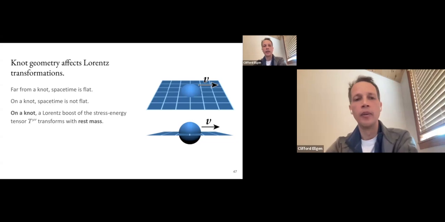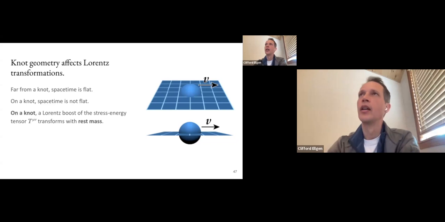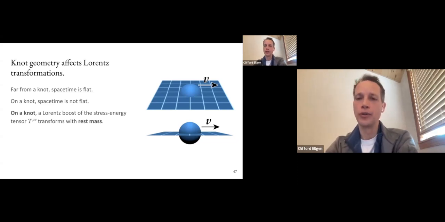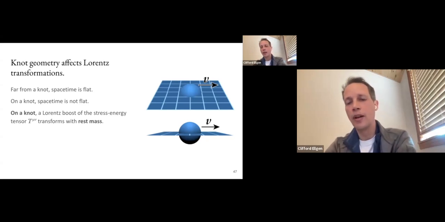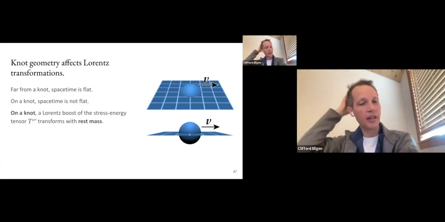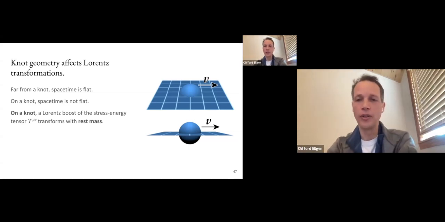Well, if we ask what the kinetic energy is, how the energy transforms as a result of this motion, we would calculate that energy associated with motion using a Lorentz boost. If we pick some point on this knot where there is some stress energy tensor, some energy associated with fields at a point on that knot, and then we Lorentz boost using a velocity vector that is not in the tangent space, the result is that energy is going to Lorentz transform with rest mass.